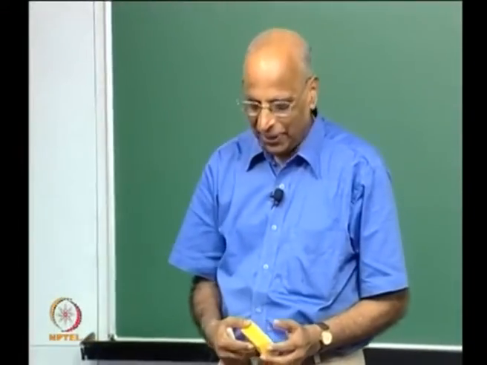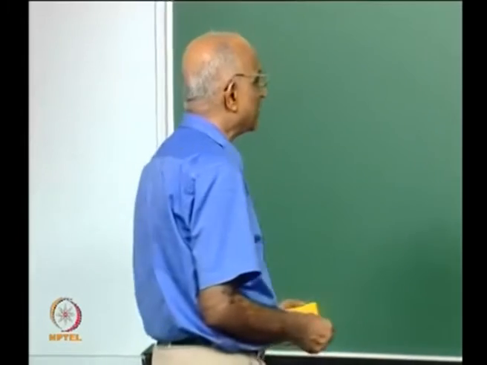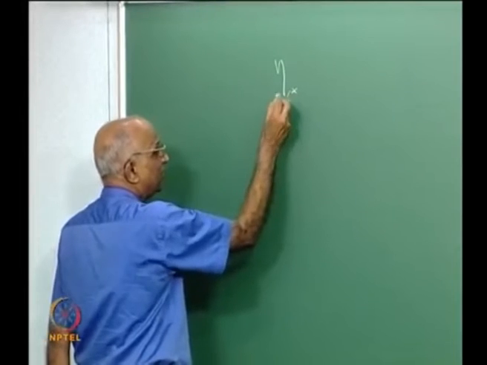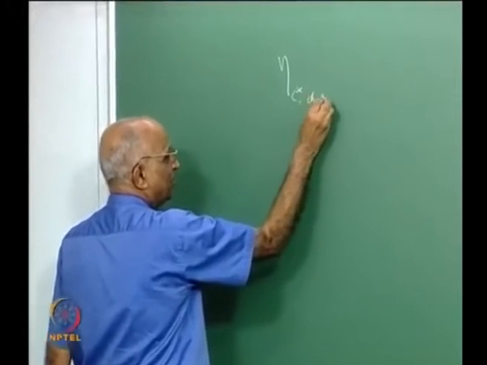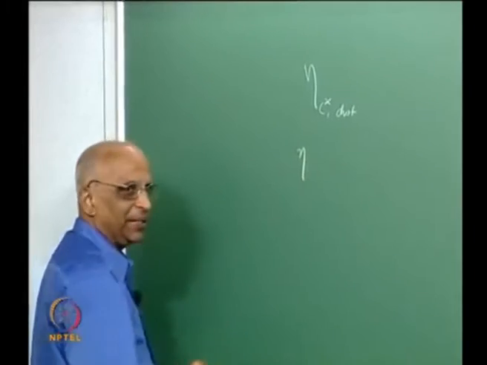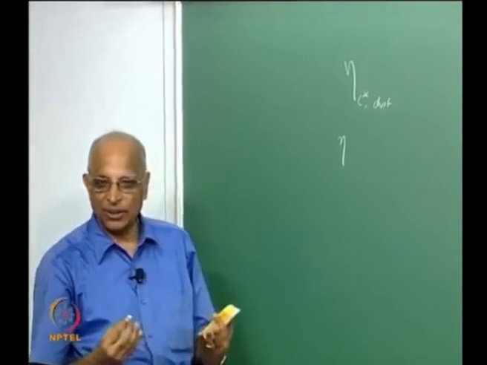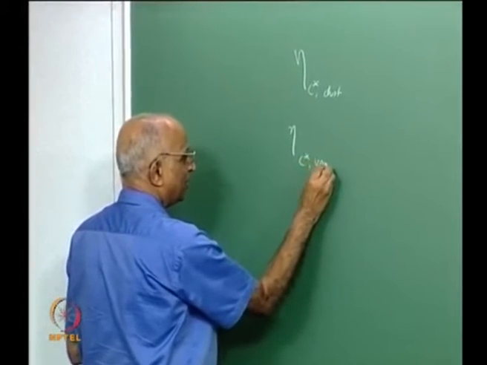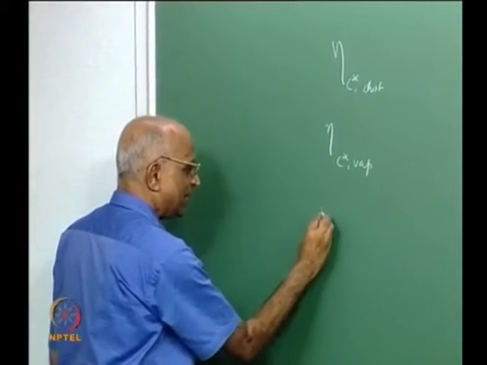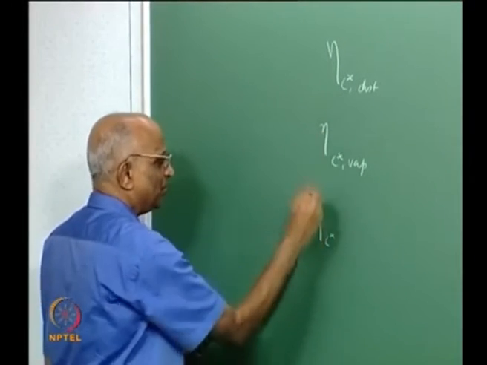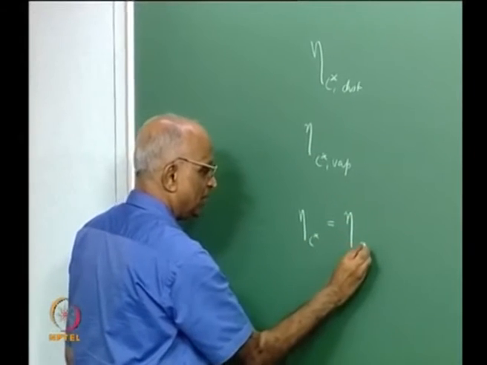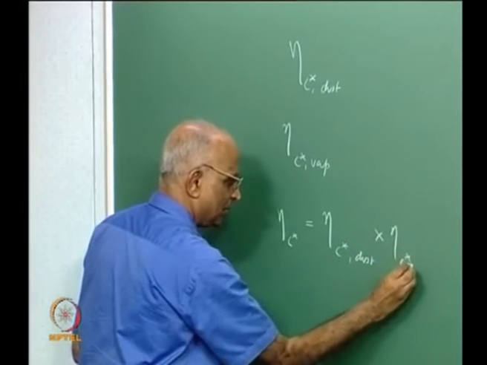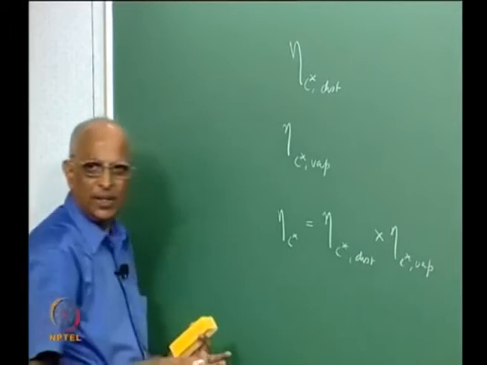Well, good morning then. We continue with what we were doing in the last class, namely we looked at the efficiency of C star due to distribution, then we calculated the time taken for a droplet to evaporate, we calculated the value of the evaporation constant lambda, and we said, well, C star due to evaporation also I can calculate, and we say that the total value of C star due to these two effects is equal to C star due to the distribution multiplied by C star due to vaporization, and this is all about it.